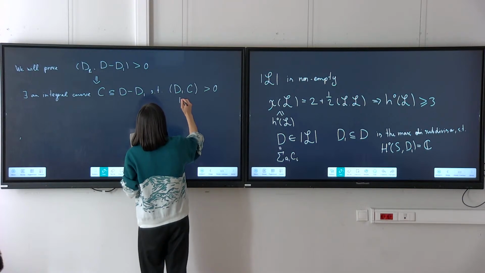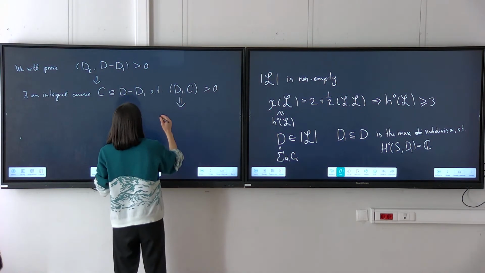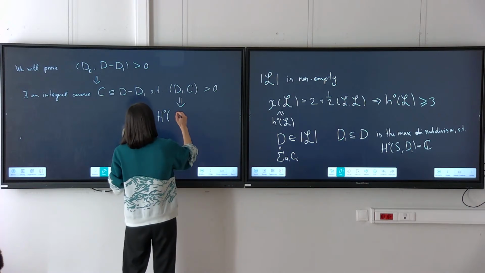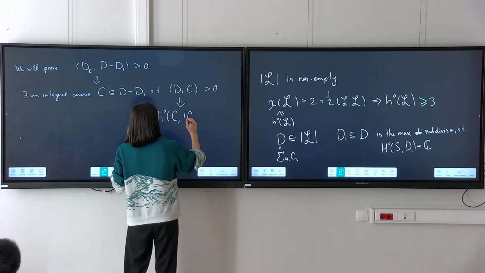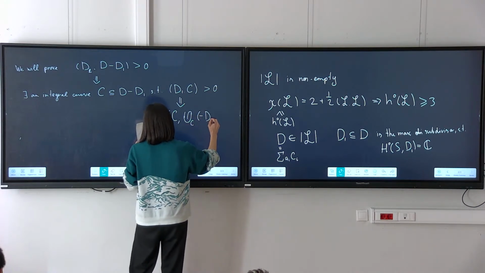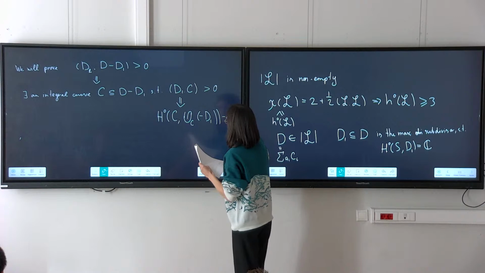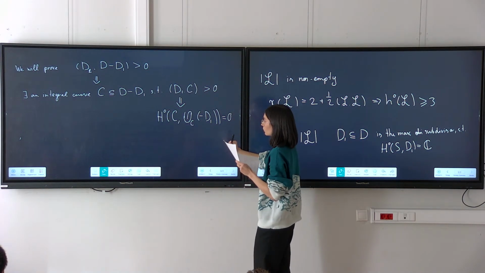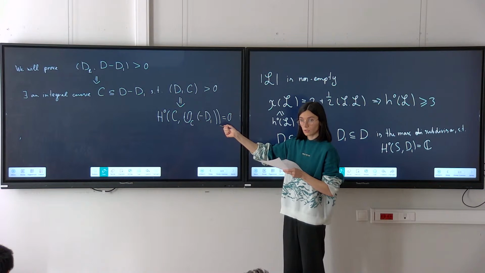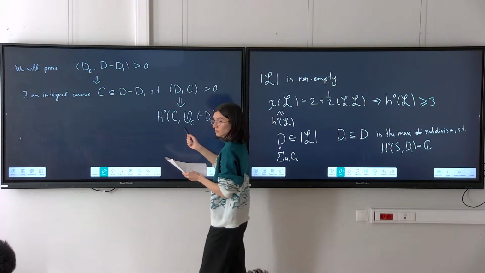So from this we obtain what? We obtain that the global sections of O_C(-D1) are equal to 0. Is this clear? Or I need to explain? Okay. Is it clear?